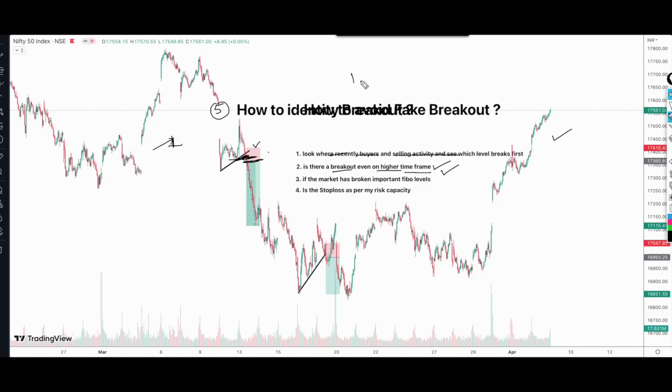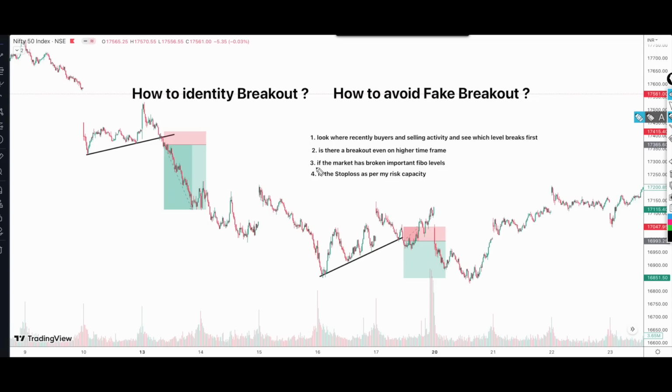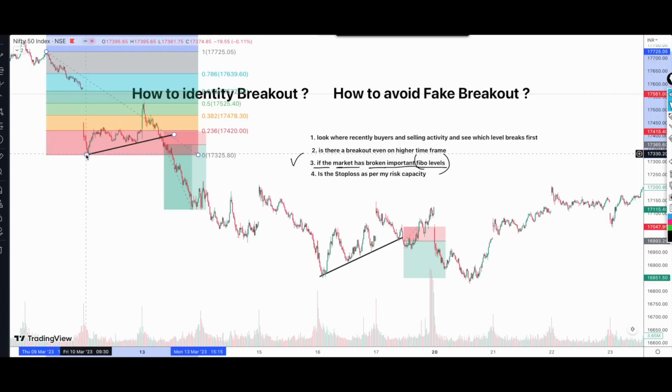When I trade in 1 minute chart, I will go and check 5 minutes chart, 15 minutes chart. There also if I get a breakout, this acts as a multiple confirmation. Now next thing I will do is check if the market has broken any important Fibonacci levels. You know in my market analysis videos, you see me regularly using Fibonacci. So in this chart, let's say this was the swing high and this was the swing low.